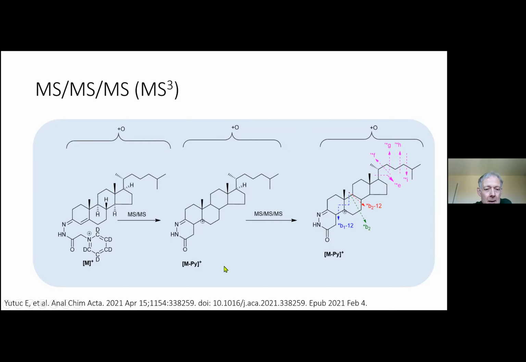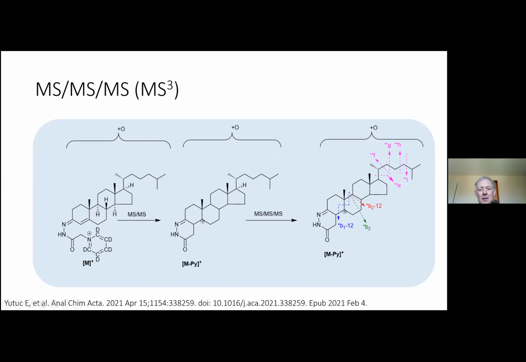So when we do MS3, in the first step, our MS/MS step, we lose the pyridine to give us the M minus PY. And then once we've got this, we fragment it again in the MS/MS step. And when we do that, we get fragmentation spectra which are really rich in information. So we get fragment ions from the ring fragmentation, and we also get fragment ions in the side chain.